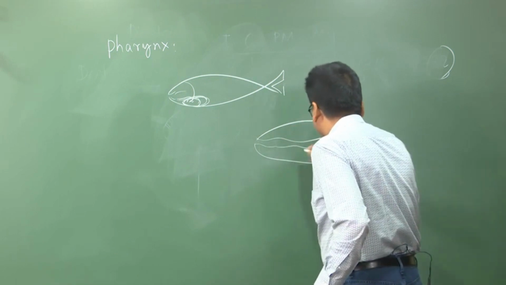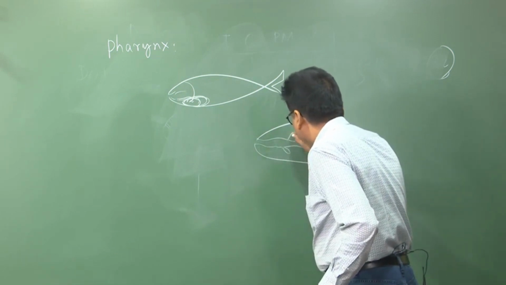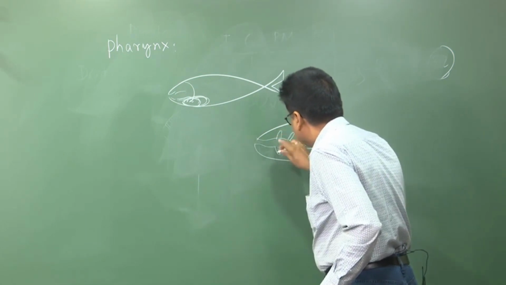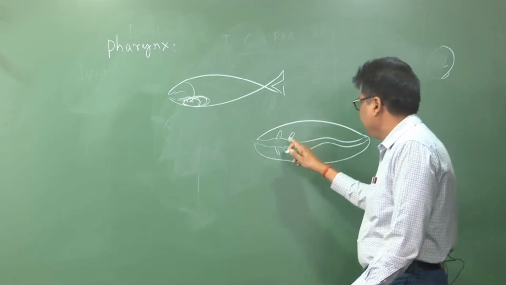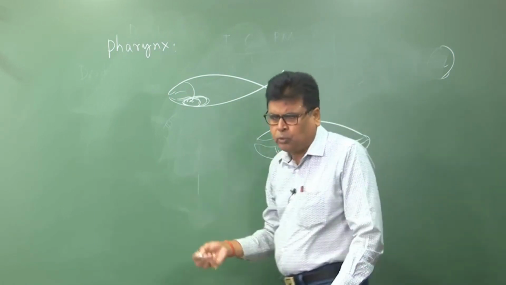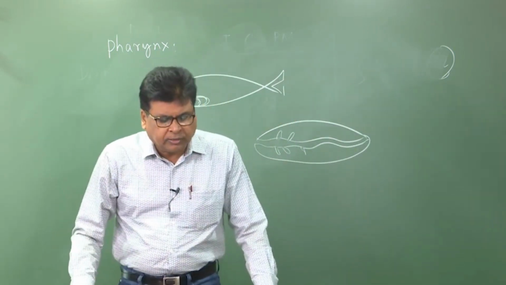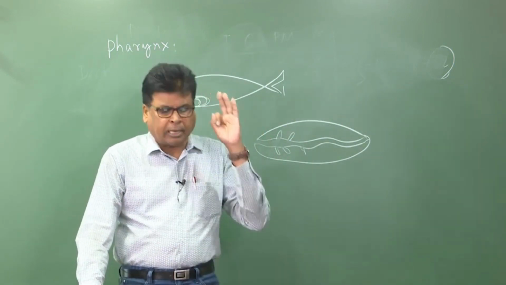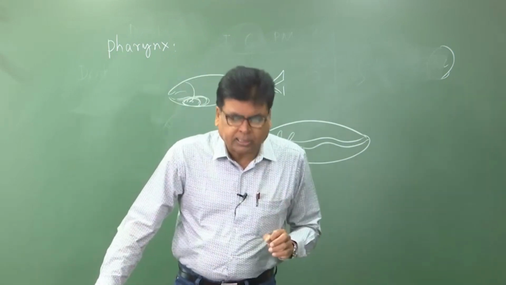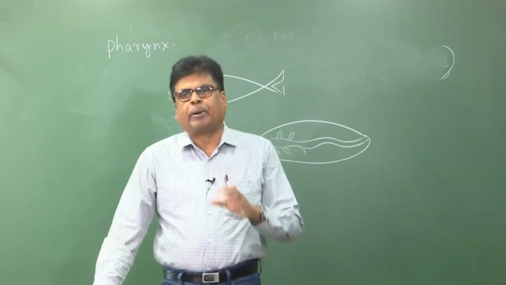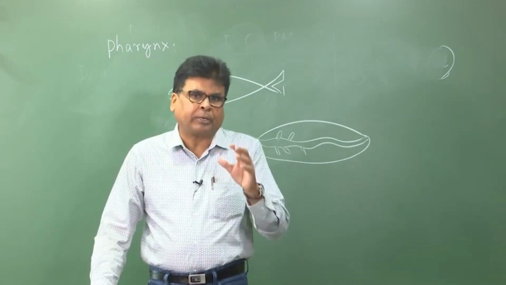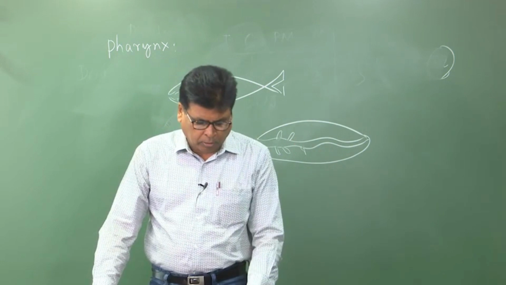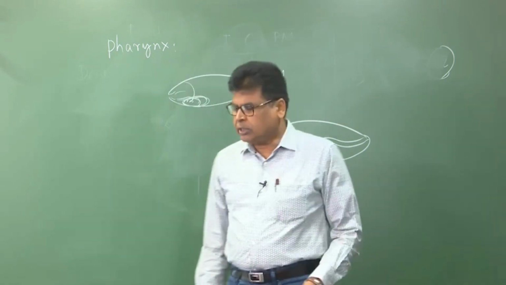Now this gut gives rise to a number of structures. The most important part is the pharynx, and in the embryo, this pharyngeal region gives rise to the gill clefts, the spiracle, the air bladder, and the endocrine glands like thymus, thyroid and parathyroids. So, the pharynx is very important from its embryological point of view and also in the adult. Now come to the next part, that is the oesophagus.